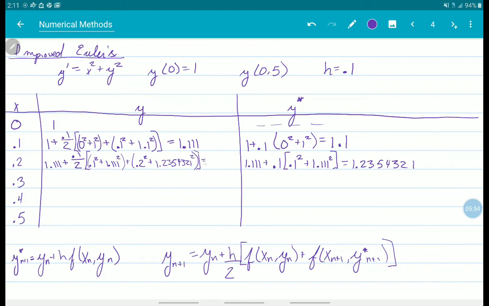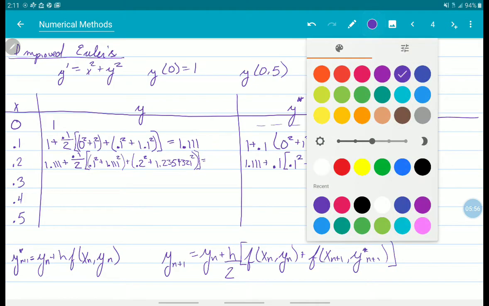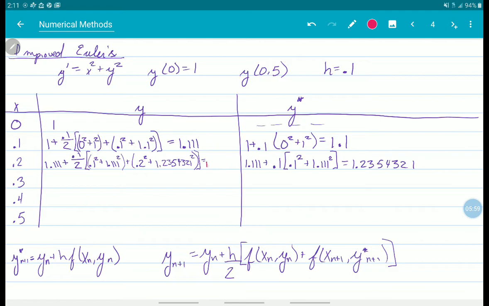So I'm going to change my color so I can see it. 1.25153067.